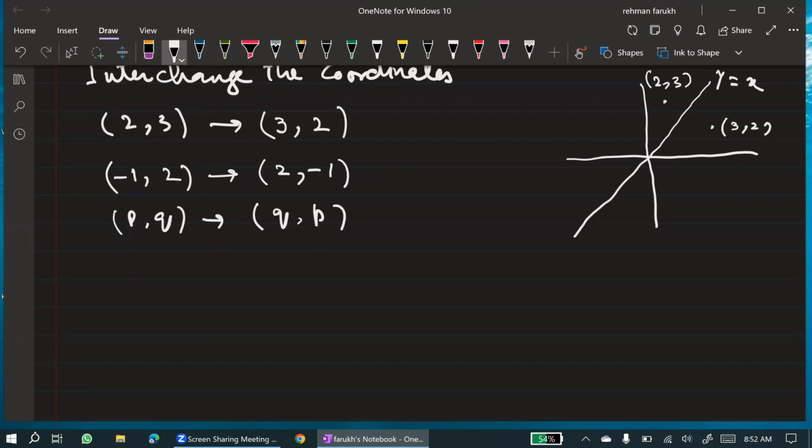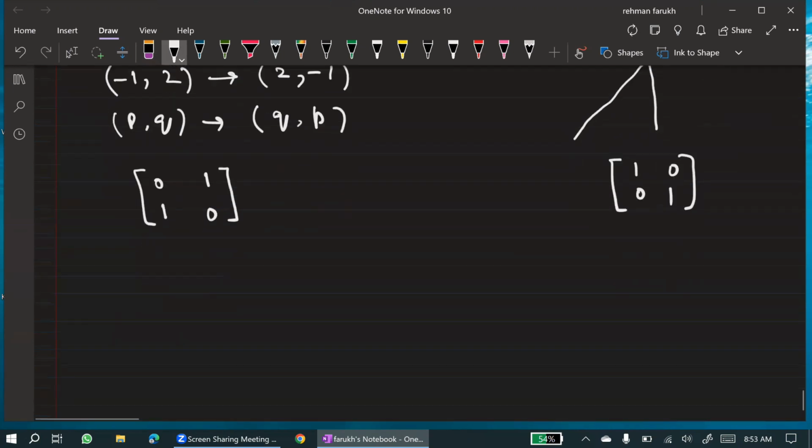We will again consider the same identity matrix 1, 0, 0, 1, and we will interchange the coordinates. This one is the matrix for the reflection in y is equal to x.